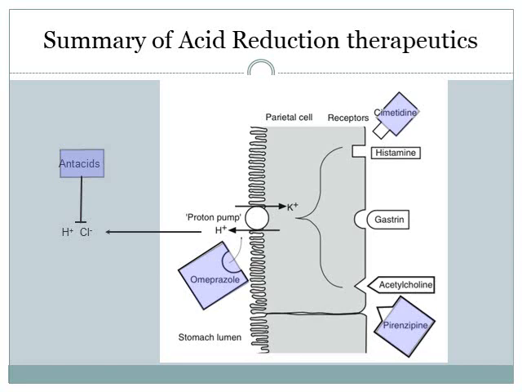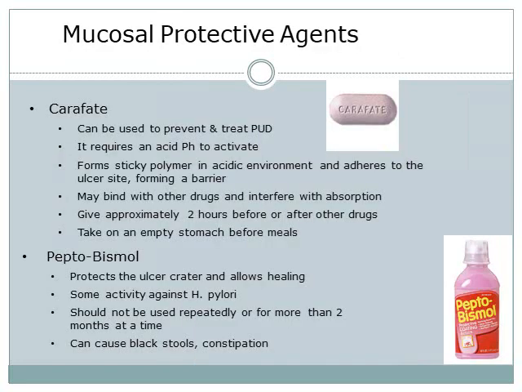Different therapies for GORDs and esophageal issues are your mucosal protective agents. Now, believe it or not, Australia is not huge on these. We do use them, but places in Europe and the US are obviously a lot more favourable for these sort of things. It's not that there's anything wrong with any of these particular things.